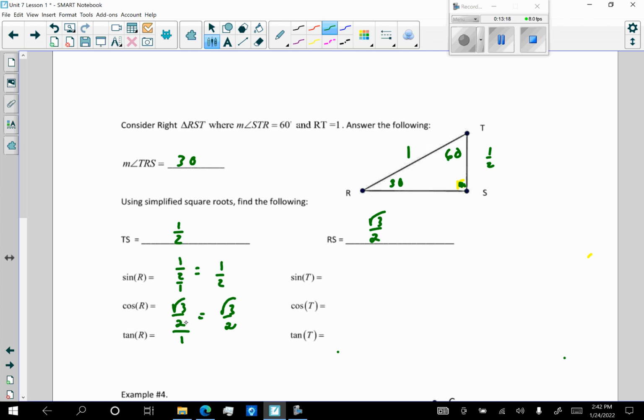The tangent of R is going to be 1/2 over square root of 3 over 2. And I'm going to multiply top and bottom by 2. That's going to be 1 over square root of 3. I'm going to simplify that. Square root of 3 over square root of 3, and that's going to be square root of 3 over 3. That's the tangent of R.